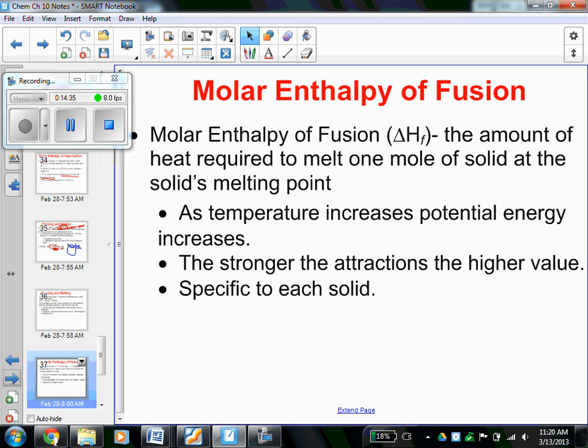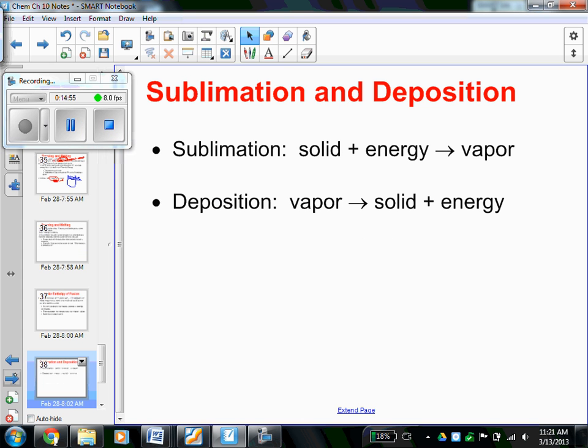Again, this has to do with the strength of intermolecular forces, and it is specific to each solid. Whatever we discussed with molar enthalpy of vaporization applies to molar enthalpy of fusion, but opposite, because we're dealing with an opposite type of transformation.